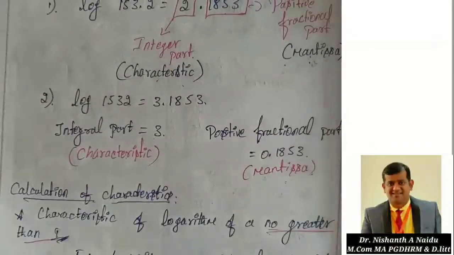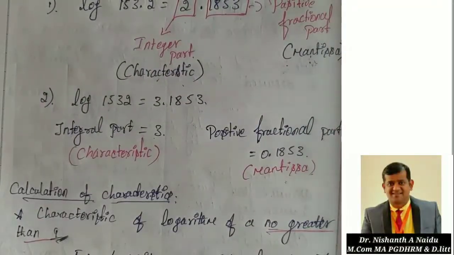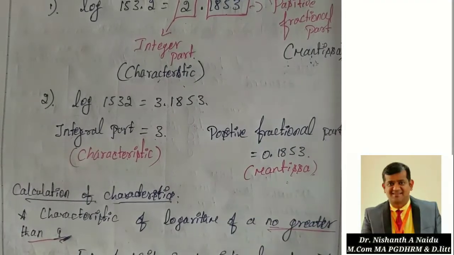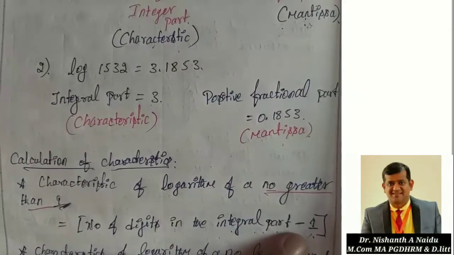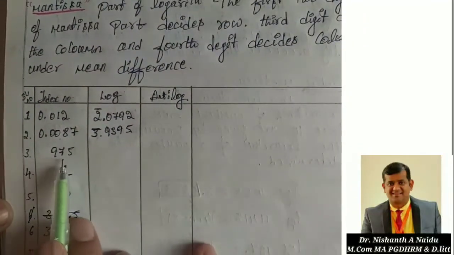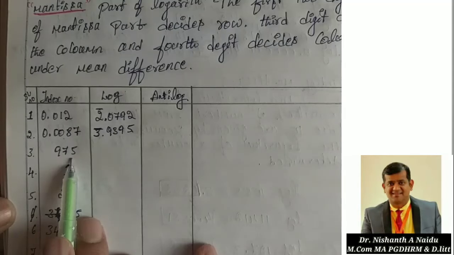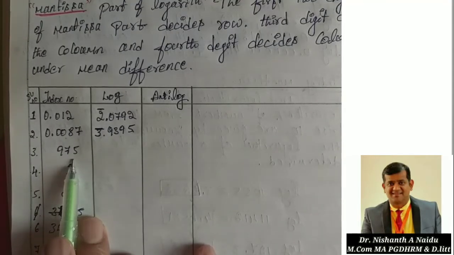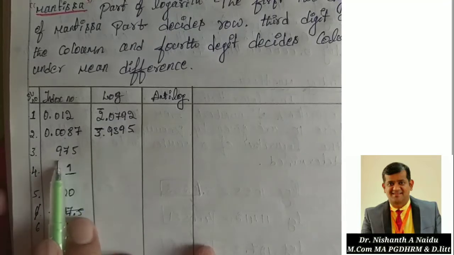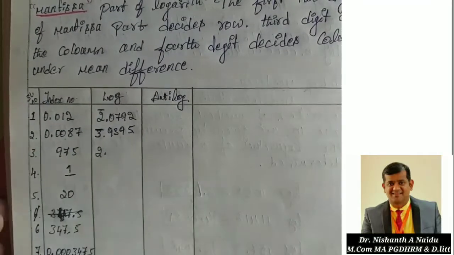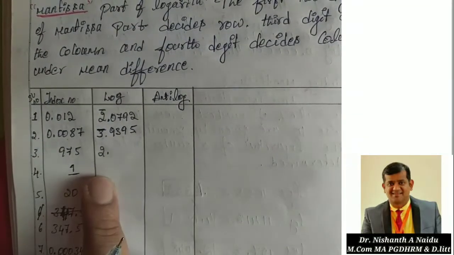I have told you, whenever it is greater than 1, number of digits in the integral part minus 1. So 3 digits, minus 1 is how much? 2, correct? So 2 point.